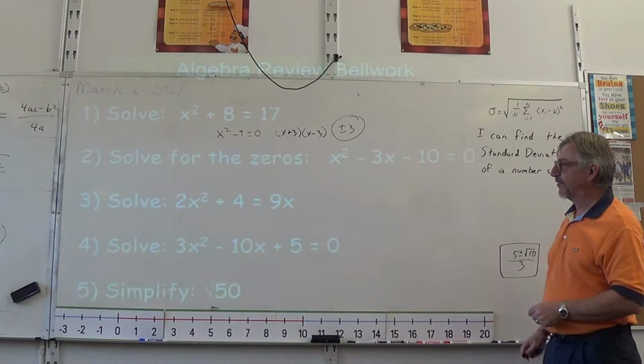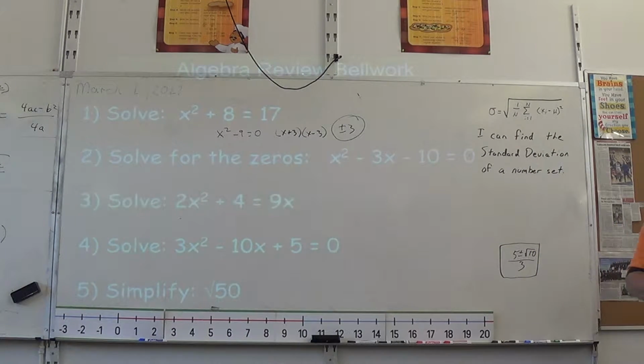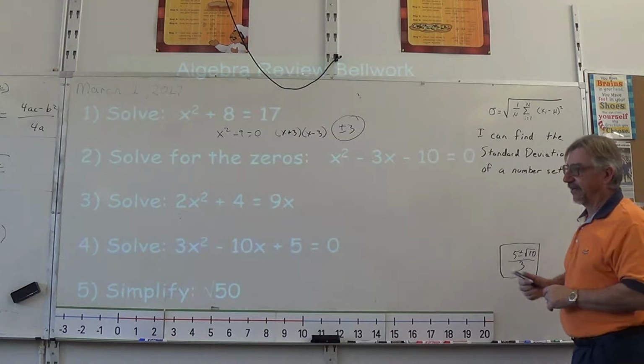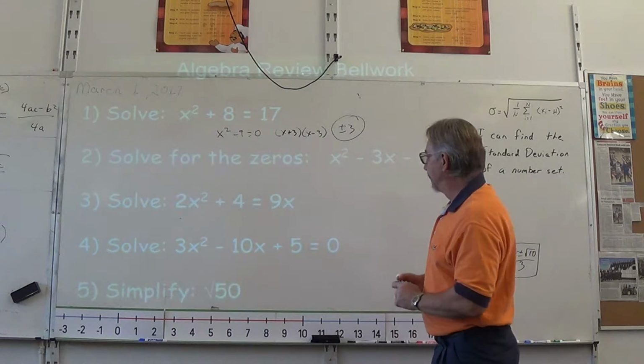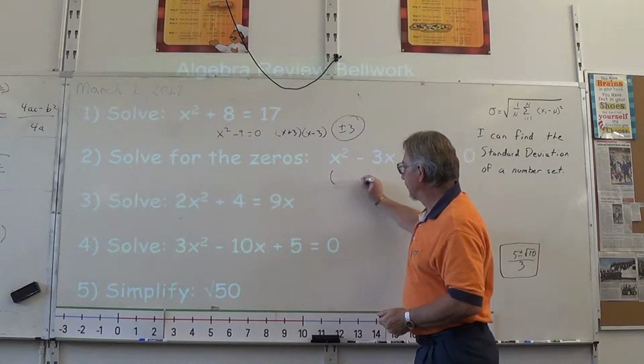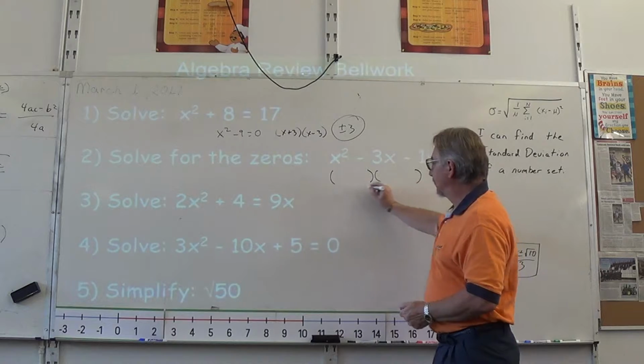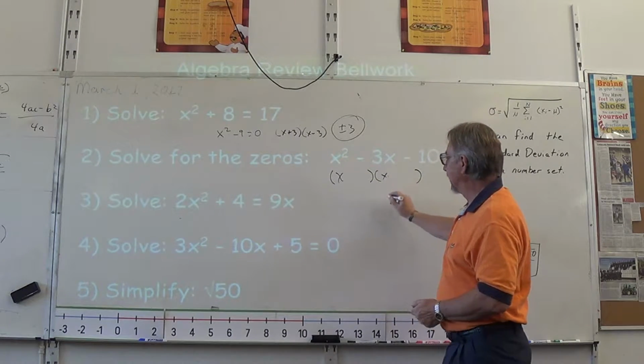Okay, number 2, solving for the zeros. Can we factor this equation very simply? Okay, we can just look at it and factor it using the factoring setup. So when we factor, we have x and x.